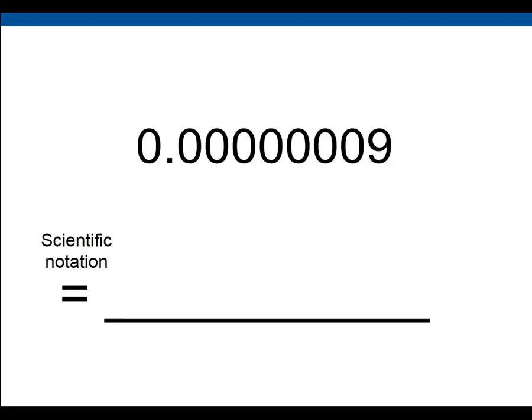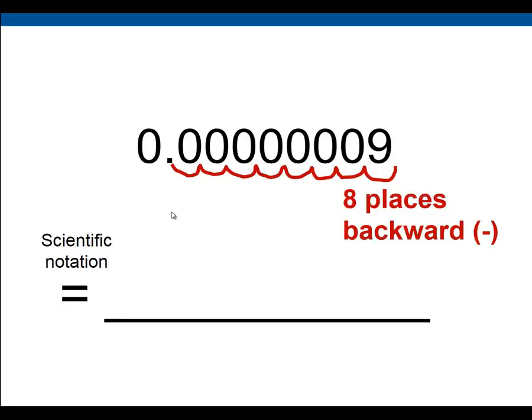In order to express this number in scientific notation, we need to move this decimal point to the right, backward. So 1, 2, 3, 4, 5, 6, 7, 8. We moved 8 places backward. So the answer is 9 times 10 to the negative 8th power.